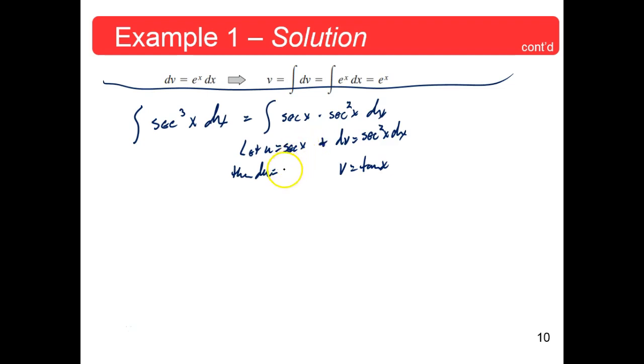Derivative of secant is secant x tangent x dx. Does that ring a bell? Or is that completely foreign? All right. Completely foreign. Let's see if we can find any help here.